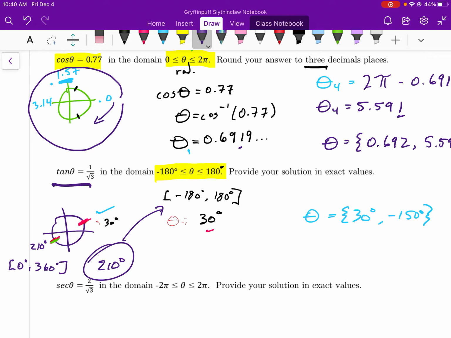However, I could easily find the angle that is coterminal with 210 and see if it falls in the interval negative 180 to 180. So the angle that is coterminal is going to be 210 minus 360, and that also yields negative 150 degrees.